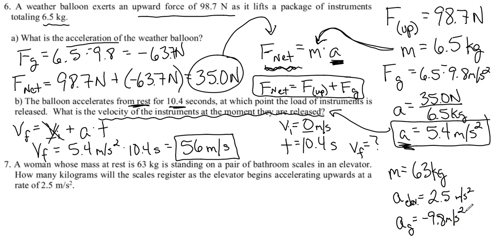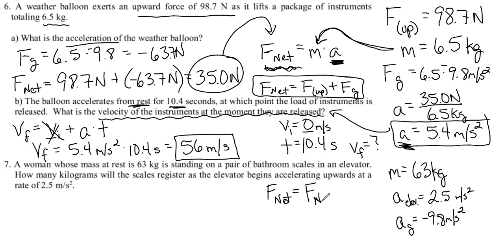First we need to figure out what the net force is. In order to figure out the net force, we have to take the normal force. The normal force acting on the woman is the opposite of the force of gravity. We can figure that out by calculating her weight in newtons, given that her mass is 63 kilograms at rest.